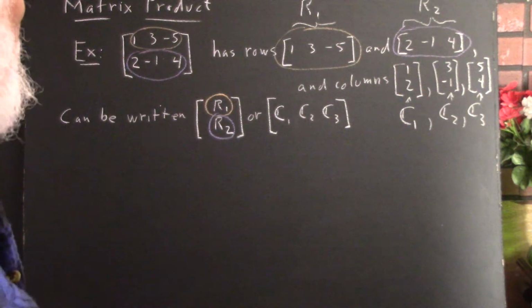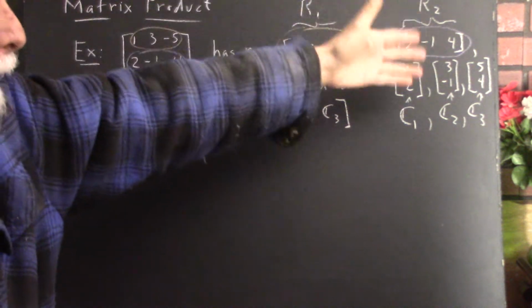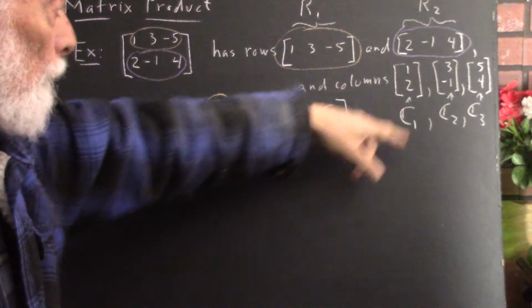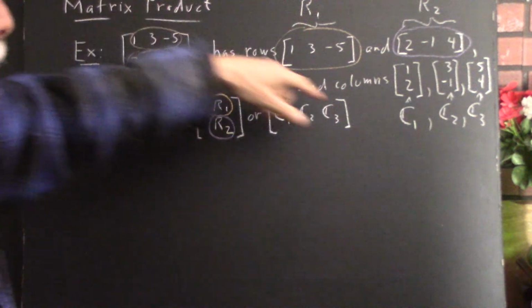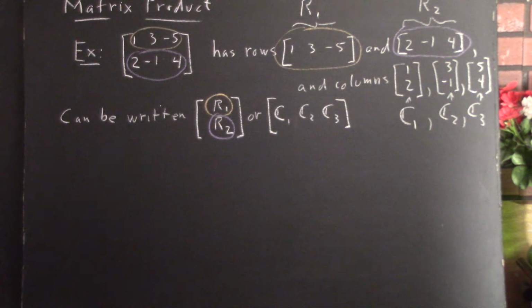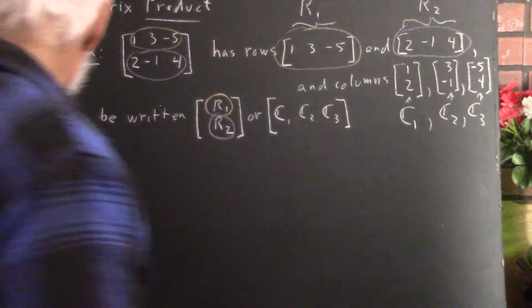Why are the columns 1, 2, 3, negative 1, 5, 4? Because first column is 1, 2, there's the first column. Second column is 3, negative 1, there it is. Third column is negative 5, 4, there it is. Again, you have to watch me for stuff like that. Okay.